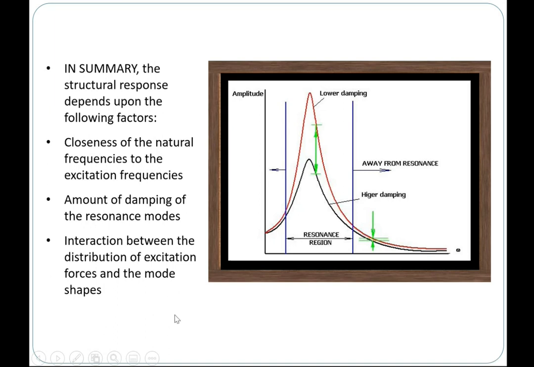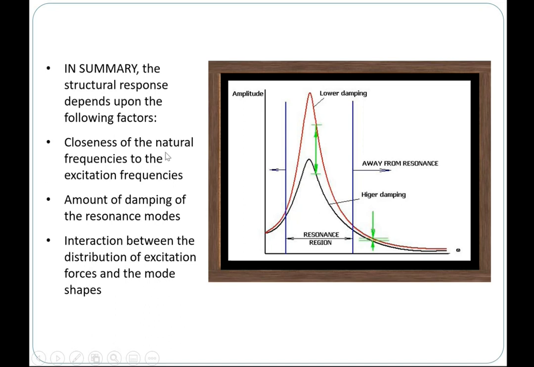Right, but to know which one it is related to, in this case you need to know its natural frequencies, the amount of damping, as well as the mode shape vectors.